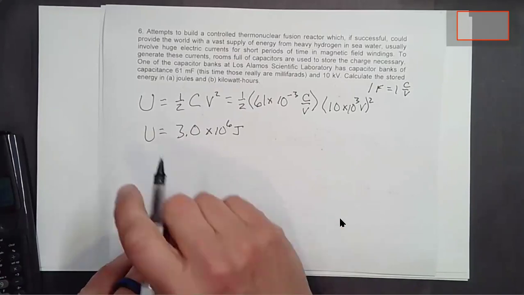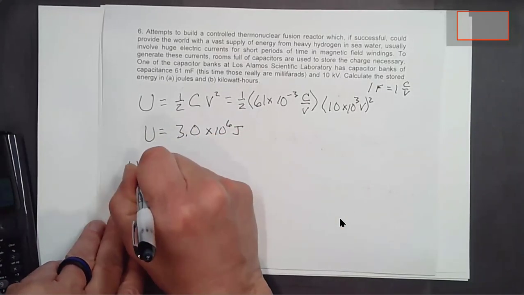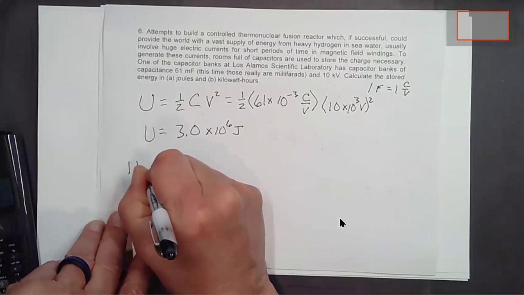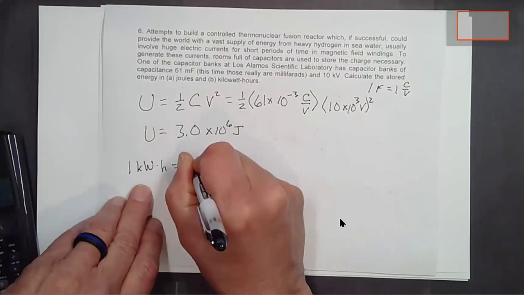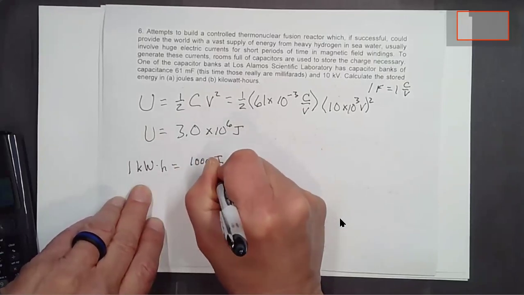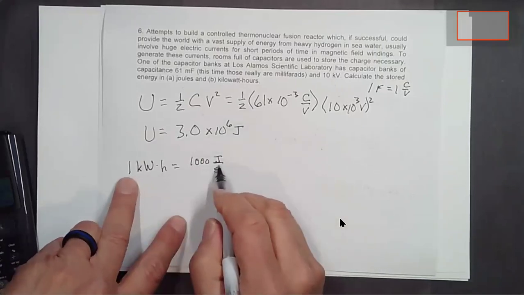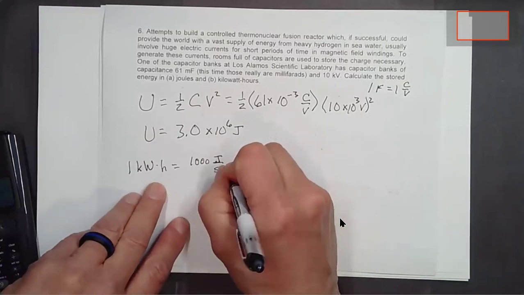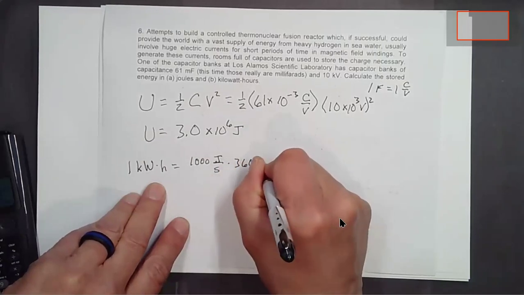Now, how much is in a kilowatt hour? Okay, 1 kWh is equal to 1,000 joules per second, that's what a kilowatt is, times 3,600 seconds.